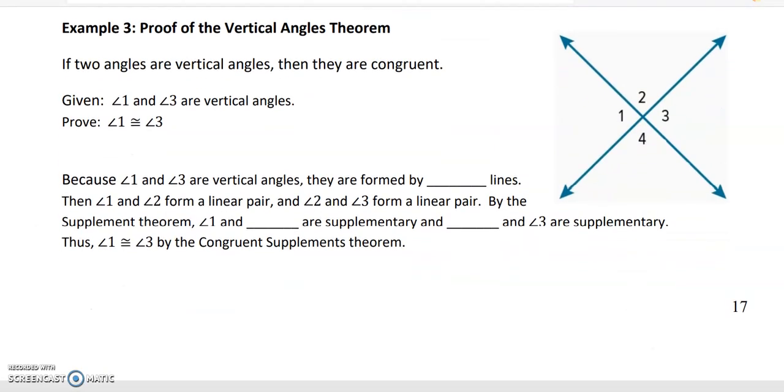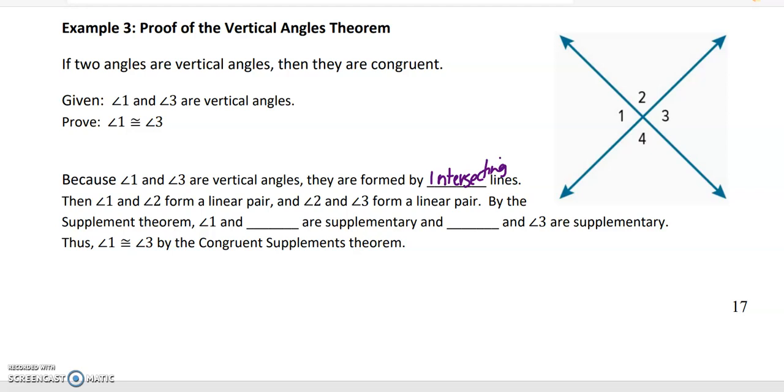So here's a vertical angles example. We know that 1 and 3 are vertical angles. They are formed by intersecting lines. So then angle 1 and angle 2 form a linear pair, and angle 2 and 3 are also formed by a linear pair.